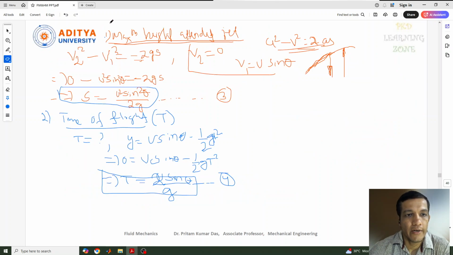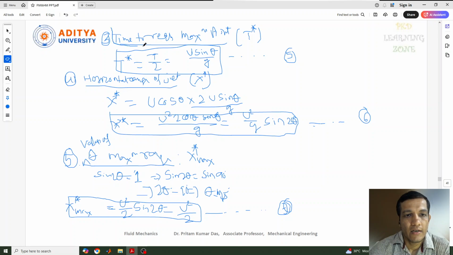First point is the maximum height attained by the jet. Next one is the time of flight. Third one is the time to reach the maximum point, that is T star. And what is the horizontal range of the jet, the horizontal distance, and what is the value of theta for a maximum range.